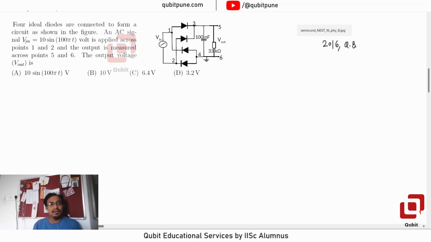An AC signal Vin equal to 10 sine 100 pi t volts is applied across points 1 and 2, and the output is measured across points 5 and 6. The output voltage is 10 sine 100 pi t volts, 10 volts, 6.4 volts and 3.2 volts, and this is the figure.